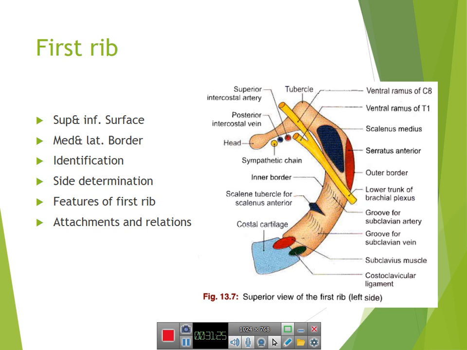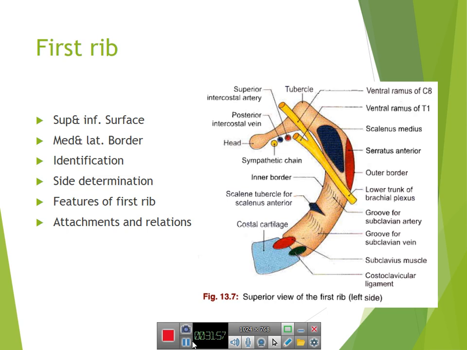The first rib is the first atypical rib in the thoracic cage. In the identification of the first rib, there are 3 points. Number one, it is the shortest, broadest, and most curved rib. Number two, the shaft is not twisted.